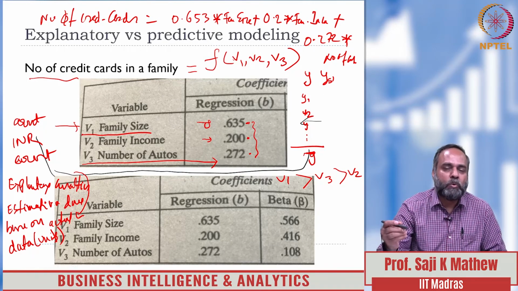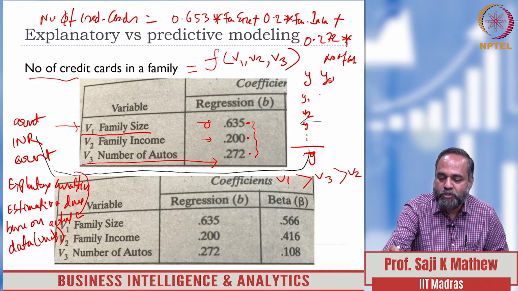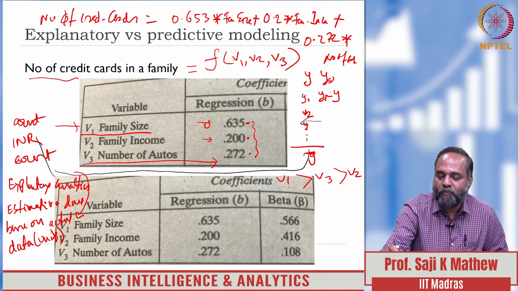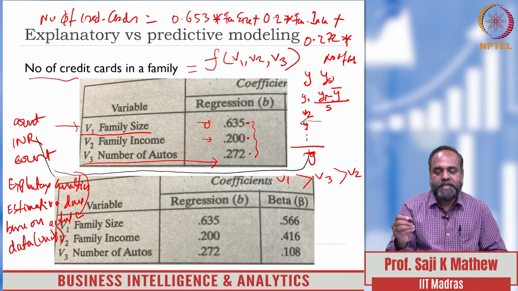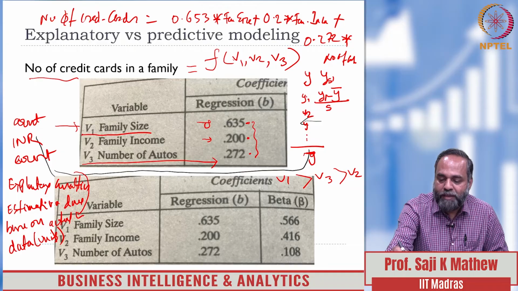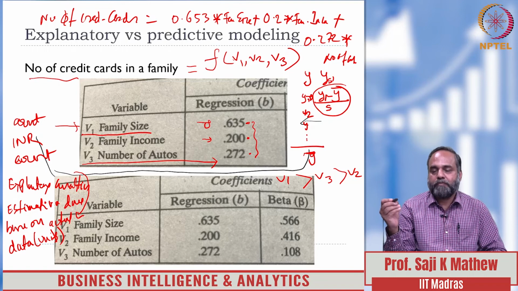What will be the z-score? y1 minus the y average divided by the standard deviation of the entire y values. Instead of using y1, you are going to use the z-score as the data point.